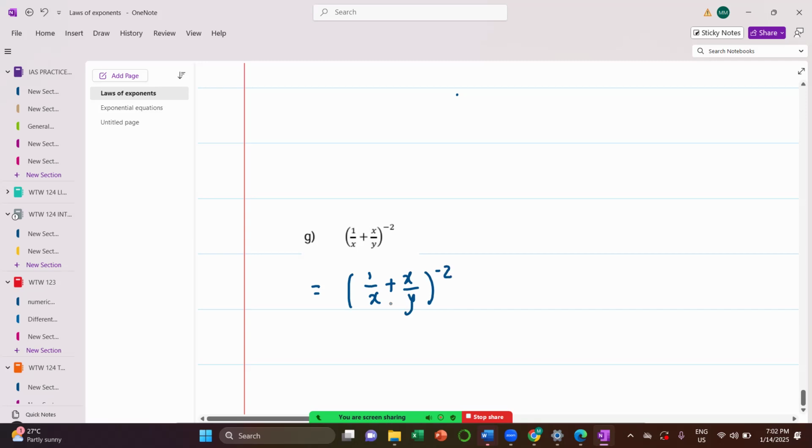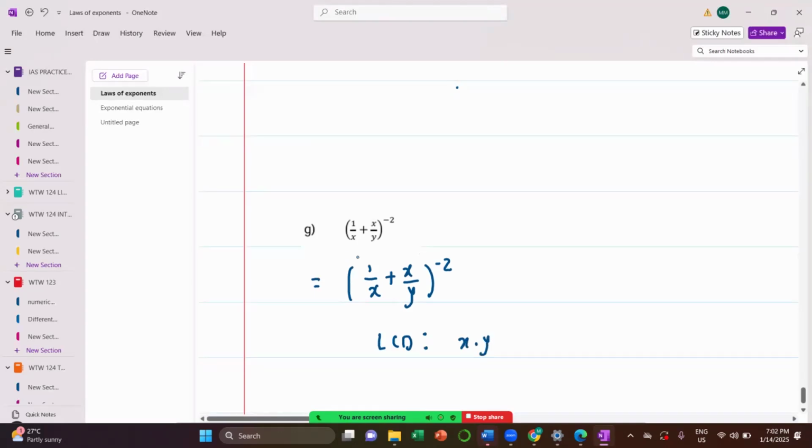What is inside the bracket is a sum of two fractions, and if we want to add two fractions, we have to find their lowest common denominator. In this case, it's going to be x multiplied by y, right?